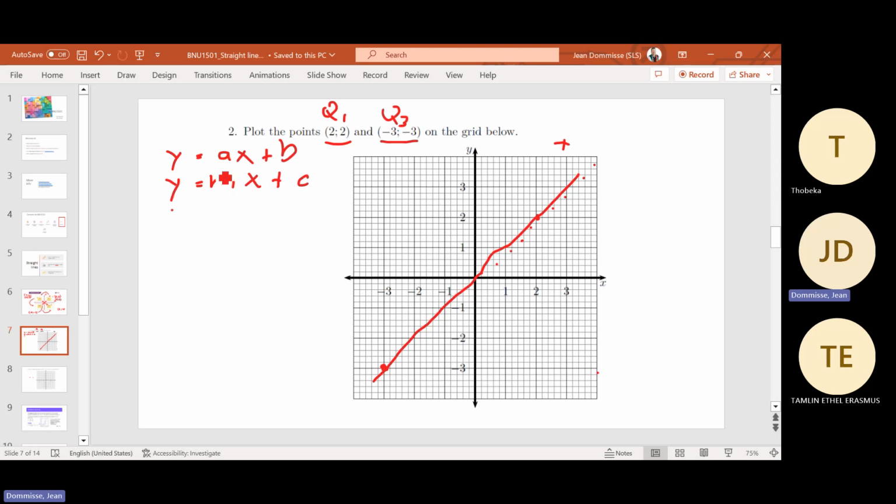But basically, the slope is A or the slope is M. And then your C is your Y cutoff. So in this instance, the C will be equal to 0 because it goes through that origin.